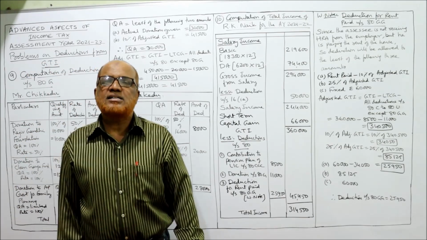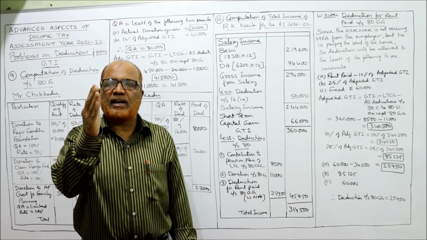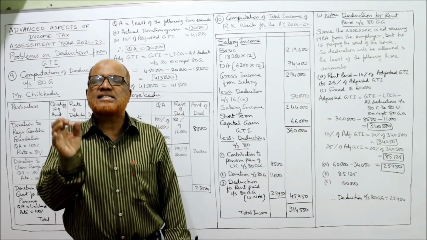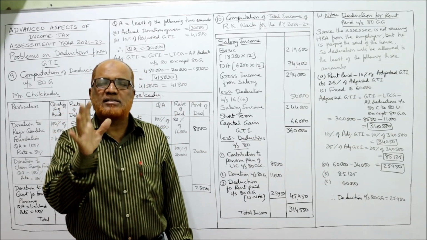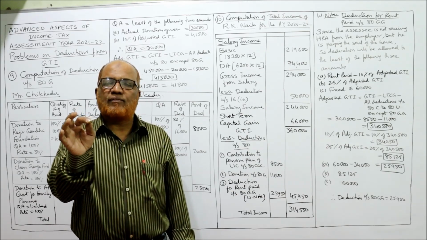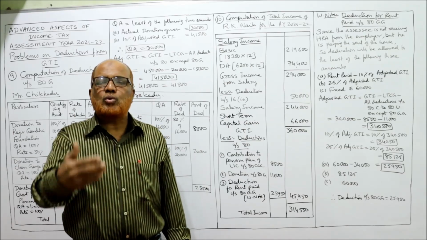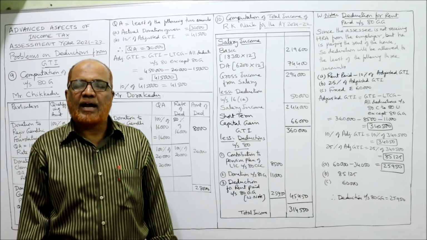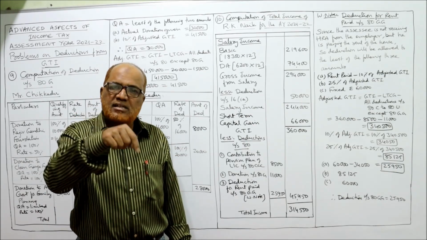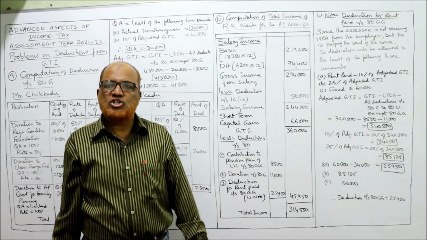From this, deductions are allowed under section 16. Three deductions are there: 16(1)(a), 16(2), 16(3). 16(1)(a) is the standard deduction, compulsory deduction, 50,000 rupees. Anybody who has income from salary will get a standard deduction of 50,000. 16(2) is for EA deduction, entertainment allowance deduction. This deduction will be given when EA is received. Since EA is not received, no EA deduction.